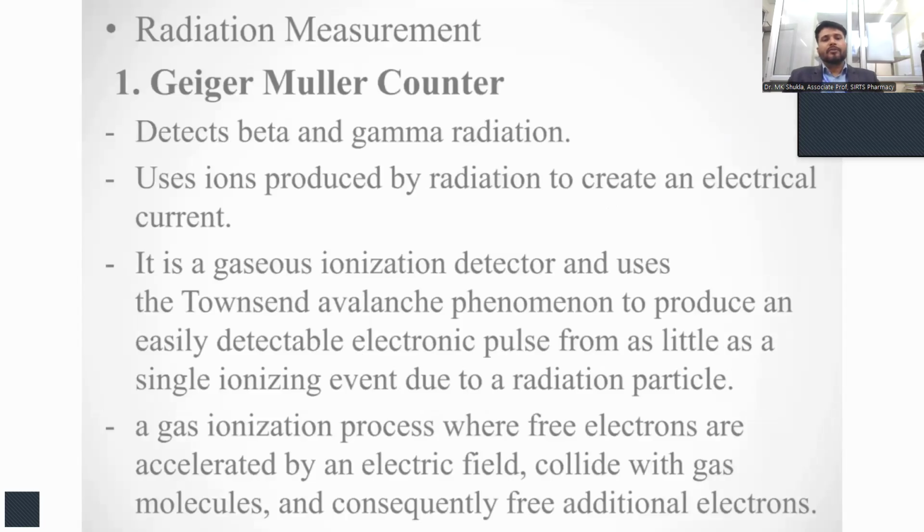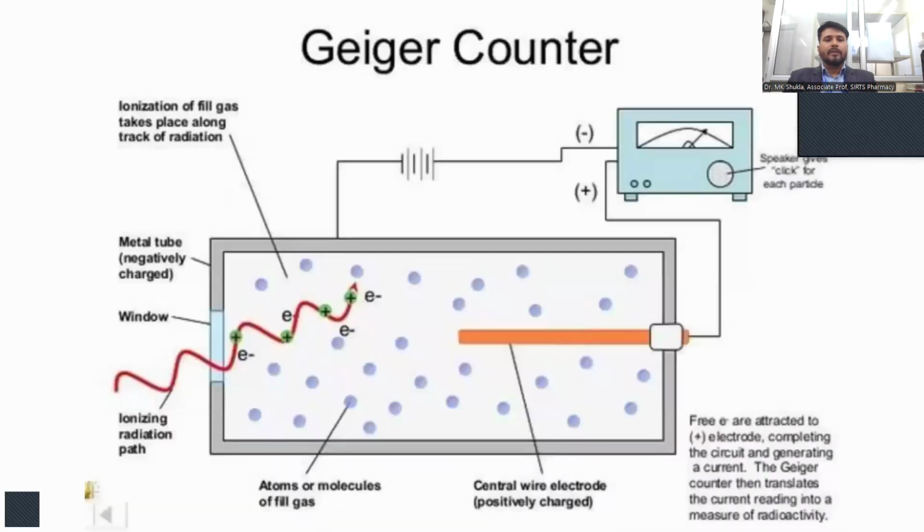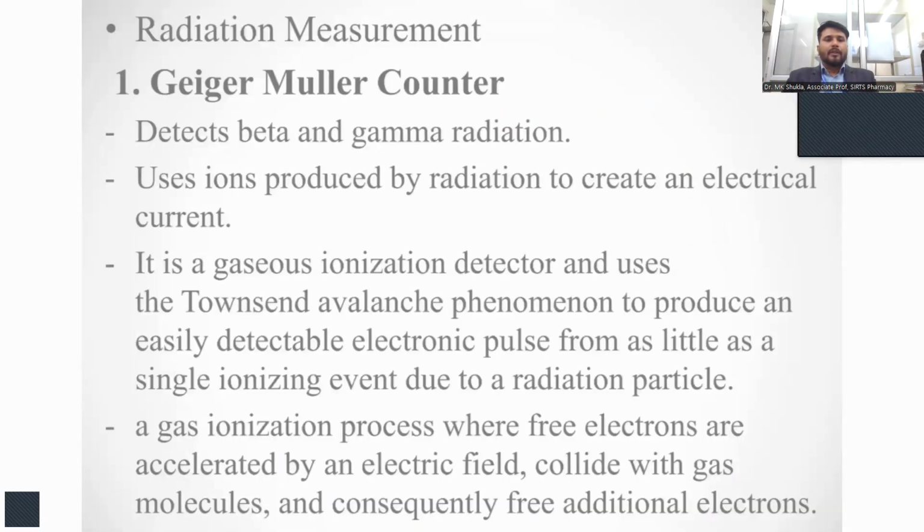Radiation measurement. There are three measurements. The first one is the Geiger Muller counter. It detects beta and gamma radiation, and uses ions produced by radiation to create an electrical current.